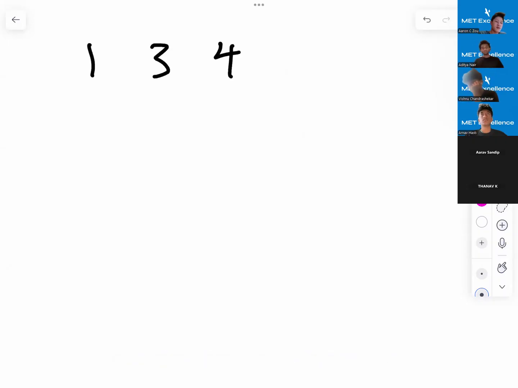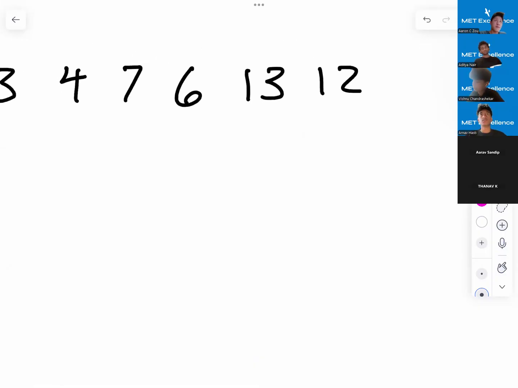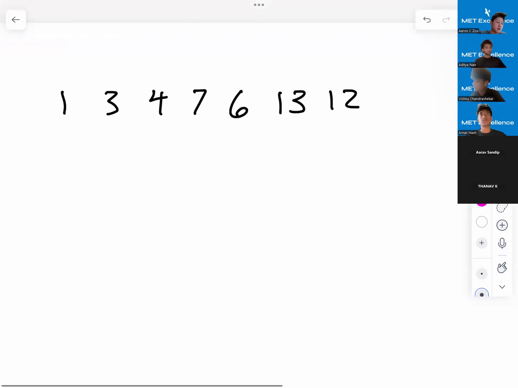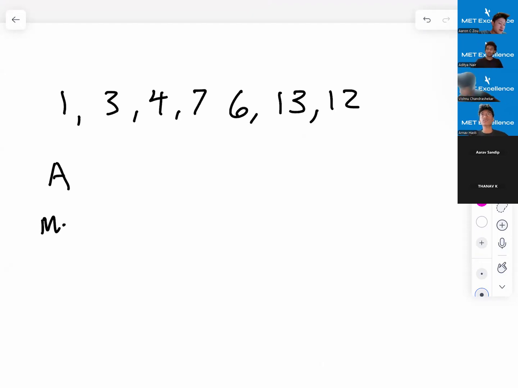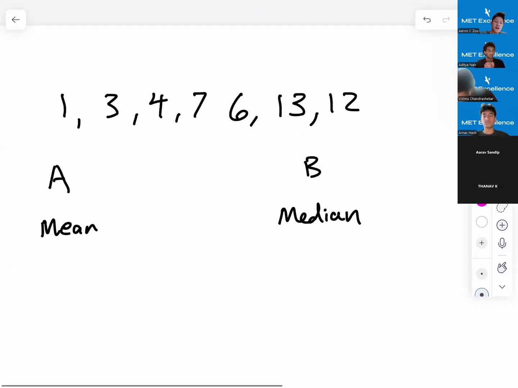Let me just write some random numbers in here, with commas to make it more clear. Then quantity A might be the mean, and quantity B might be the median. So this is what a question could look like, and we're going to go over how to do all of this right now.